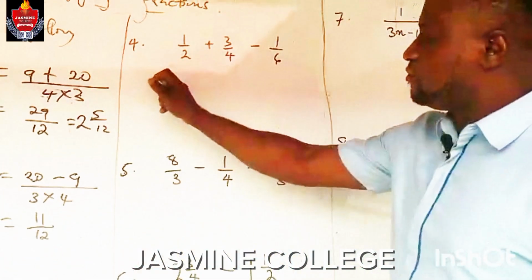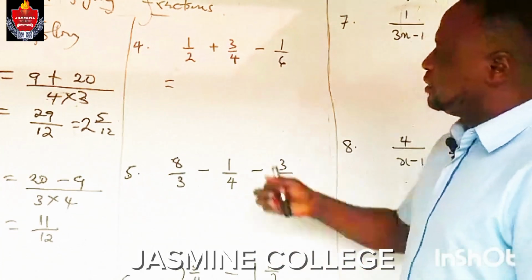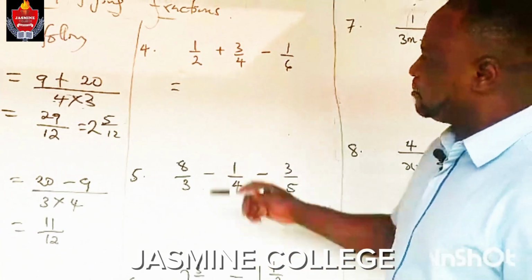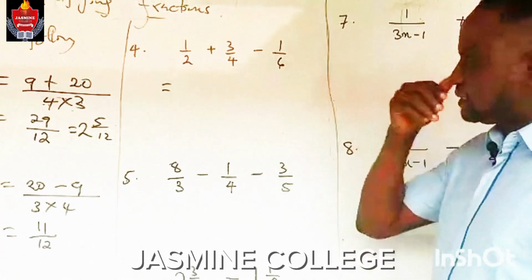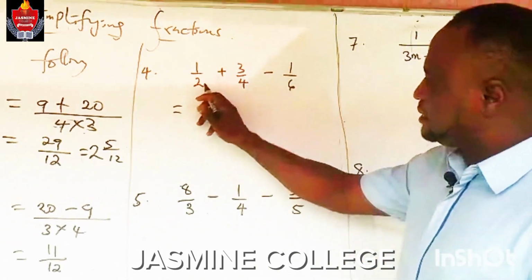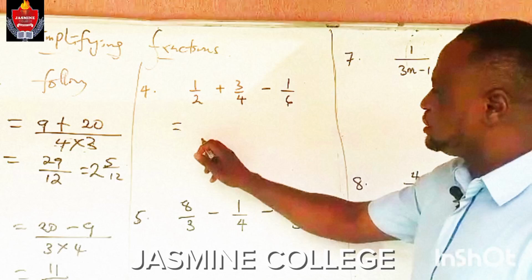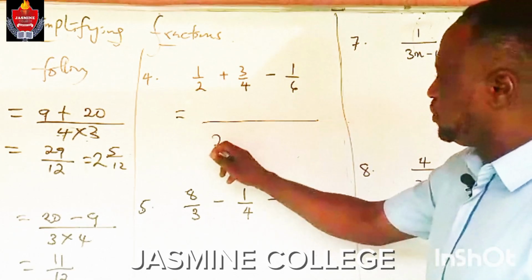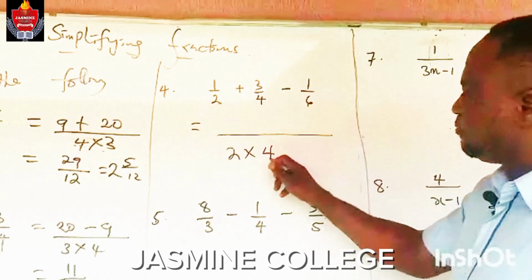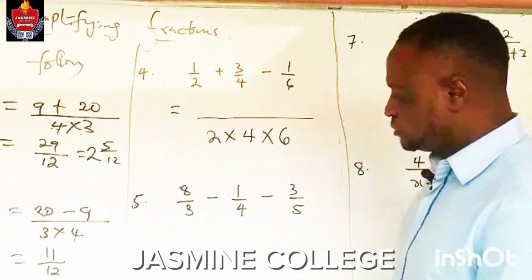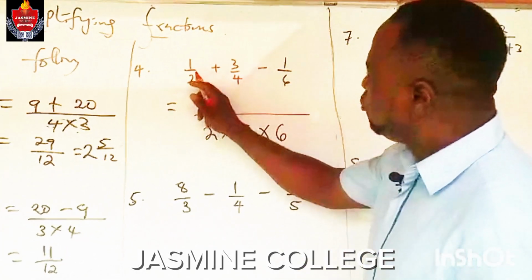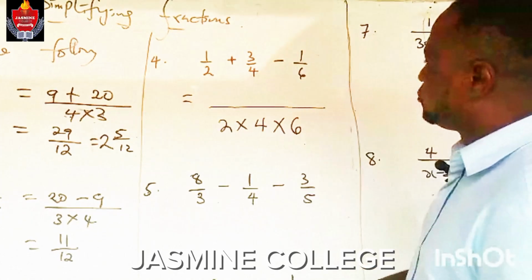Now, we have another set of fractions looking for an answer here. You have 1 over 2 plus 3 over 4 minus 1 over 6. Now, this case demands that these 3 denominators be multiplied together as well. We have 2 multiplied by 4 multiplied by 6. Now, we are going to be doing something fun here. We'll be blocking and multiplying out some values.